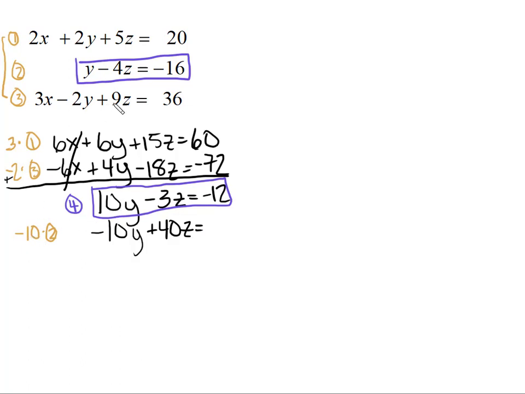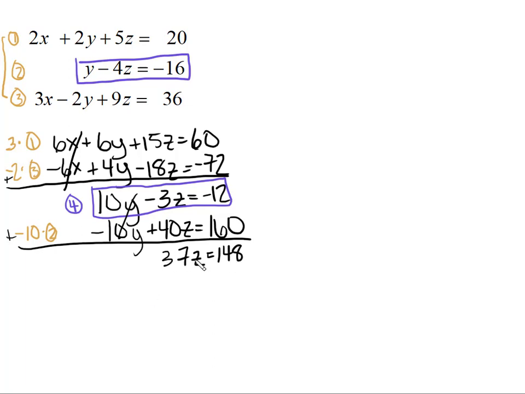And negative 10 times negative 16 is positive 160. And then we're going to add these 2 equations together, where my y's will cancel out. I get 37z equals 148.